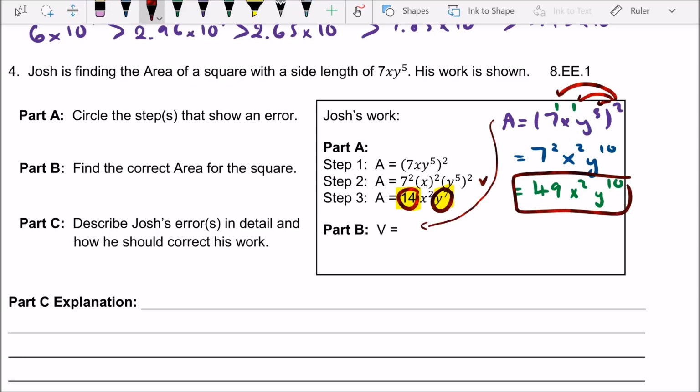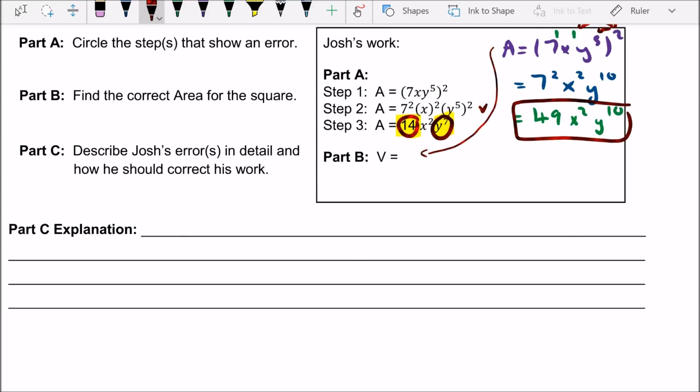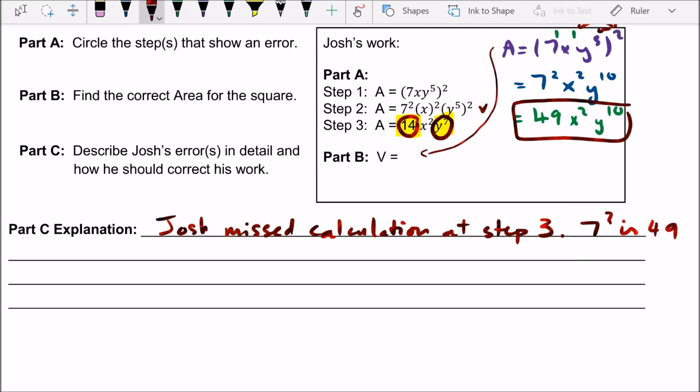Part C, describe Josh's errors in detail and how he should correct his work. Basically, you just need to compare back and forth between his work and your work. So for the explanation, I would say that Josh made a miscalculation in step 3. 7 squared is 49 and not 14.